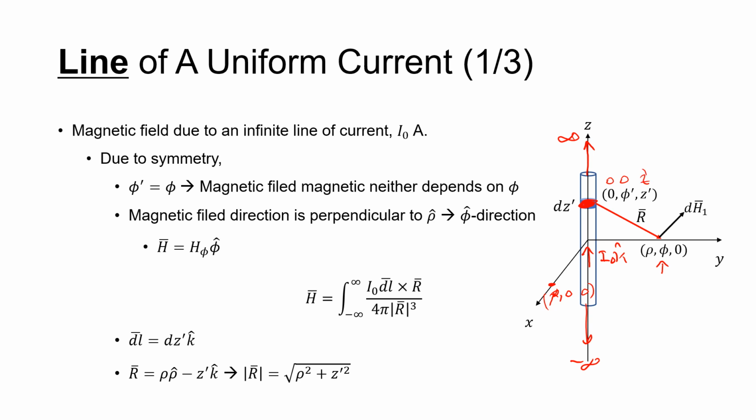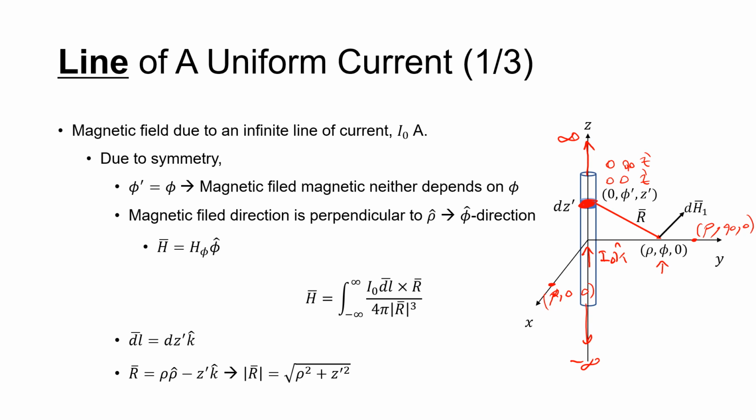But if I'm looking at another point here on the y-axis, it will have rho, and phi will be 90, and z also equal to 0. But if I look here, we have also 0, this also 90 in this case, and we have again z dash. This means phi is always equal to phi dash, then they cancel each other, and my magnetic field doesn't depend on phi.